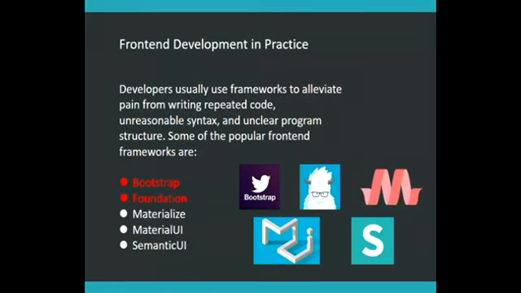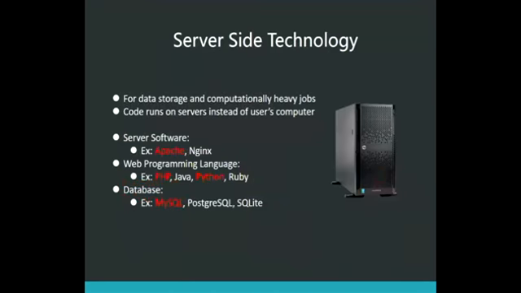And next, let's go to server-side technology. It's usually responsible for data storage and computationally heavy jobs. And the code on the server side runs on the servers instead of the user's browser or laptop. You need to have a set of software installed on your servers.